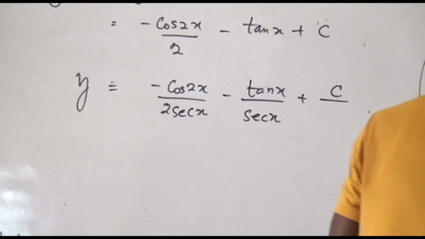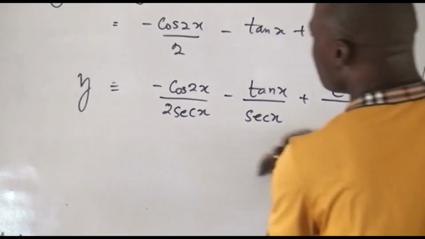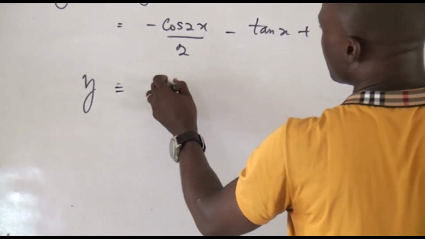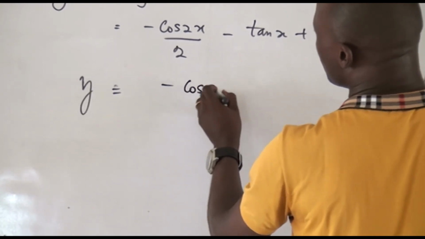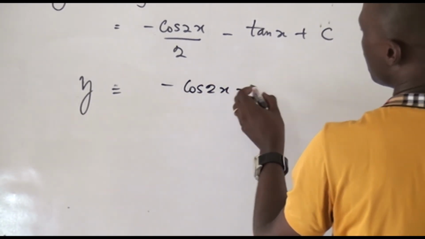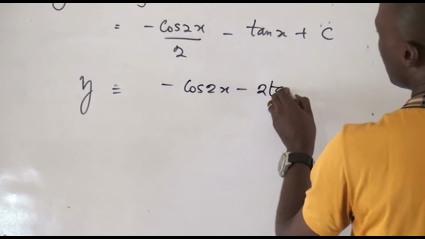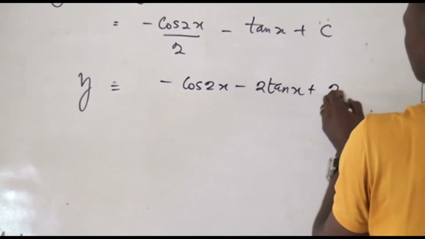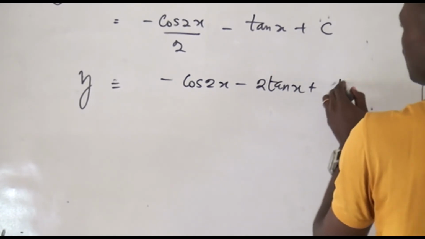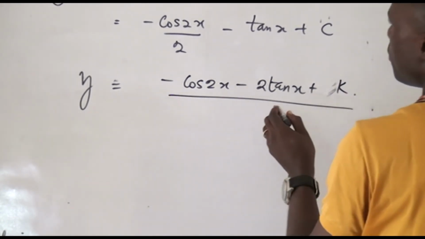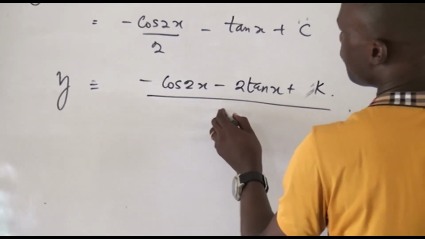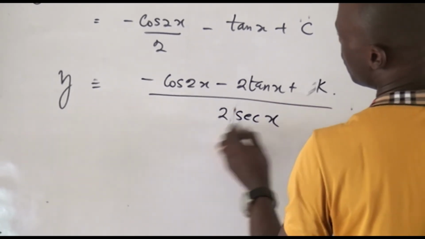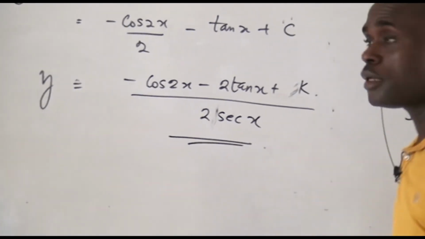I just make it very interesting by having minus cos 2x minus 2 tan x plus 2c, which is still a constant, so I will change that to k, all divided by 2 sec x. So that is our answer here.